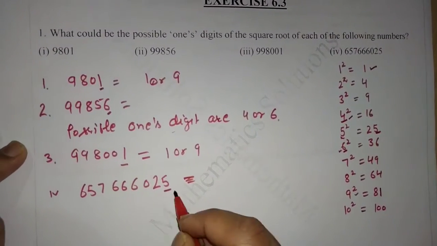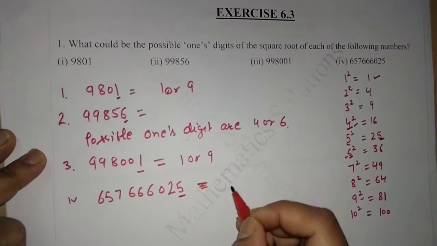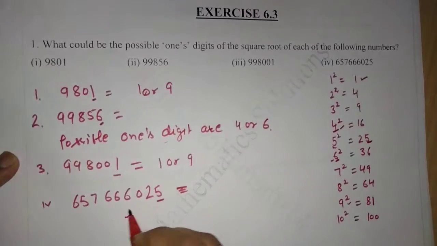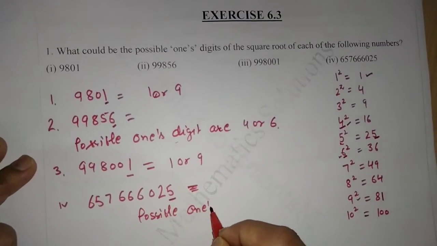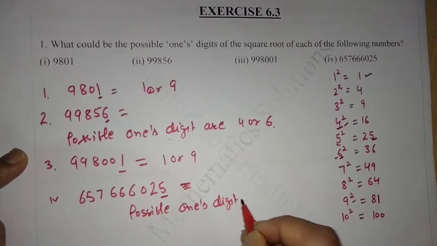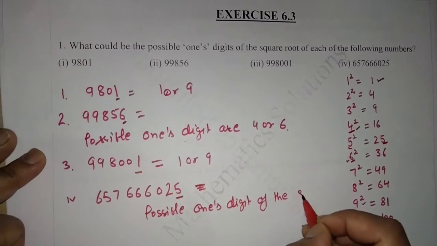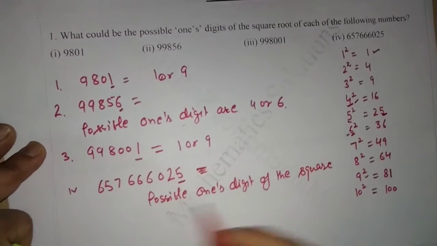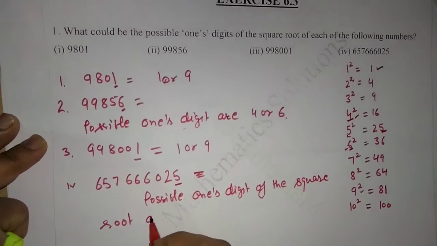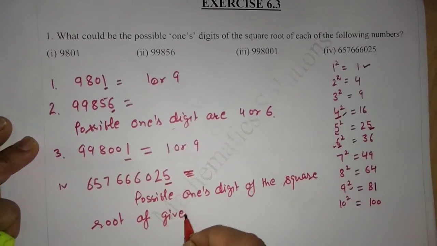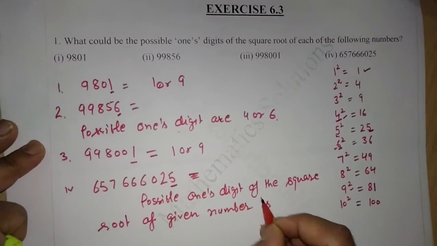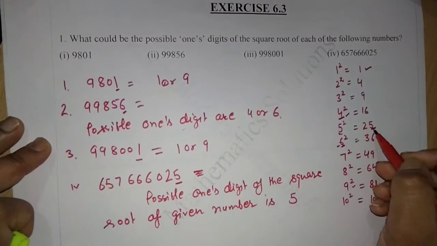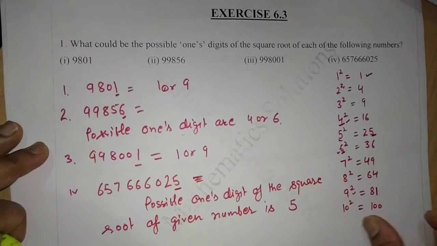So the possible ones digit of the square root of the given number is only 5, because 5 comes only in the square of 5.